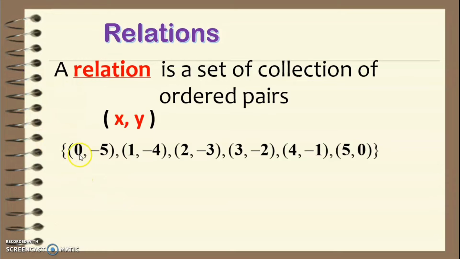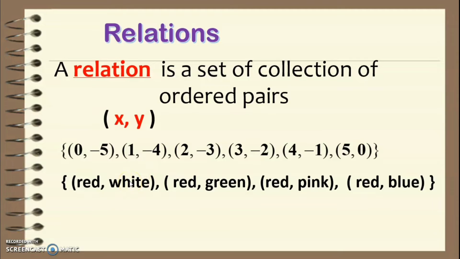We have first ordered pair 0 and -5, second 1 and -4, 2 and -3, 3 and -2, 4 and -1, 5 and 0. This is an example of relation, a set of ordered pair.